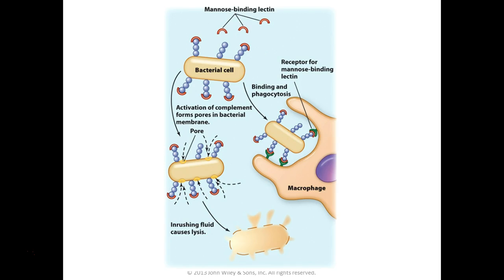So what do you see in this diagram? You see two responses. Here, the response is creating what in the cell? It's creating a pore in the cell. And so if you create pores in the cells, what's ultimately going to happen to that cell? It's going to bust, it's going to lyse.